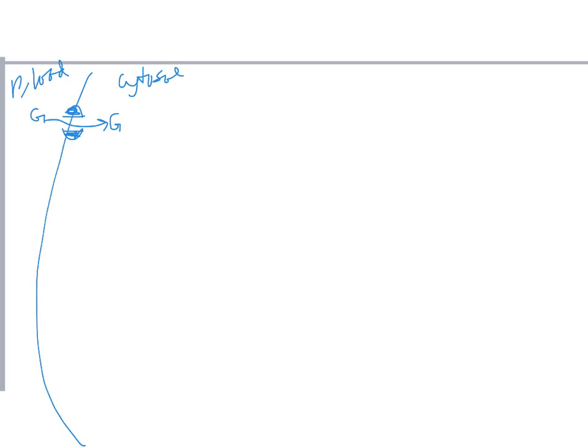Again, this is a super zoomed in view. And then our glucose will undergo glycolysis. Okay. We'll undergo glycolysis to form 2 pyruvates.